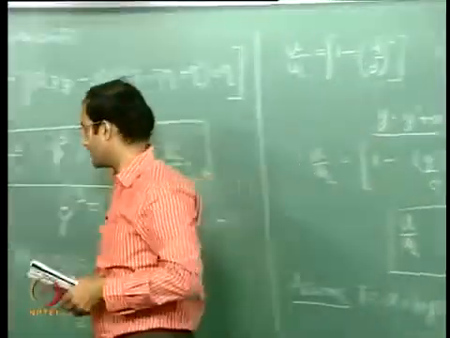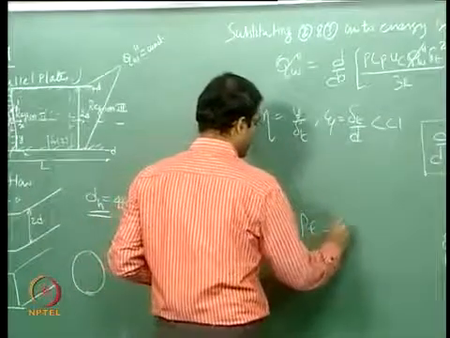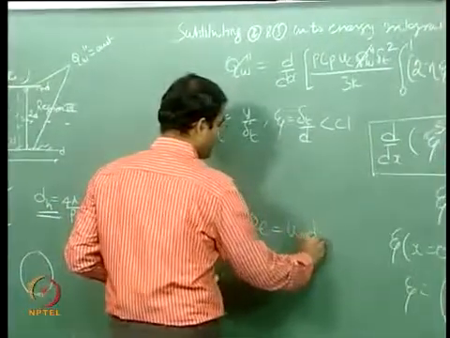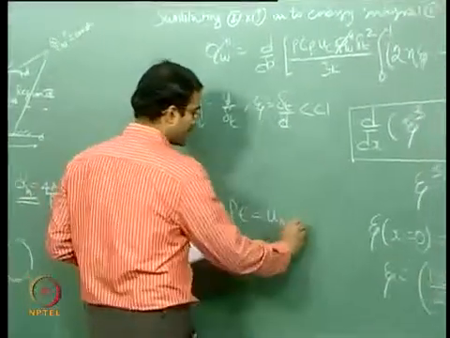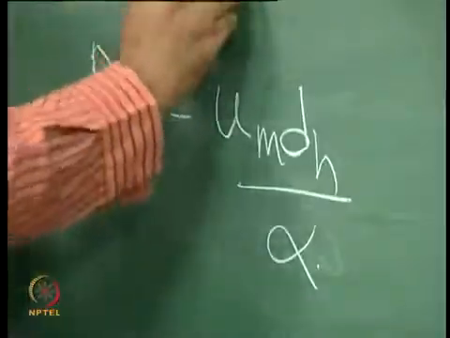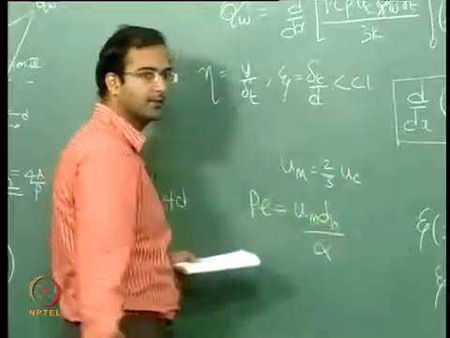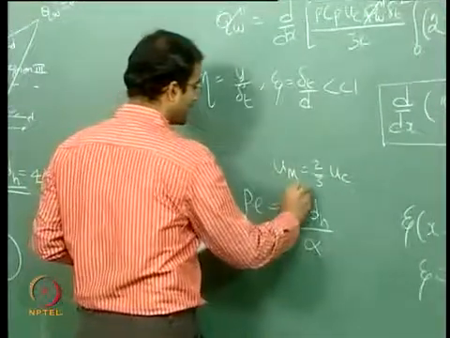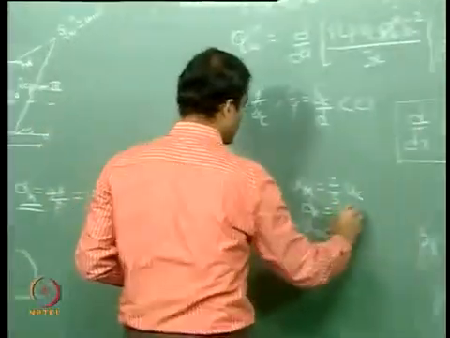I can define my Peclet number in this case as um dh by alpha, using the equivalent hydraulic diameter, where um is equal to 2 by 3 uc and dh is equal to 4 times d.